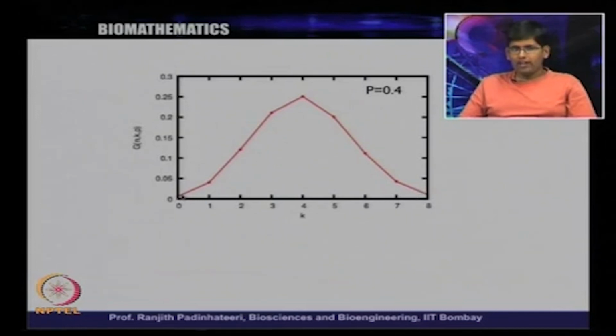And the probability of losing the allele, with 0 individuals having this particular allele, is also very small.